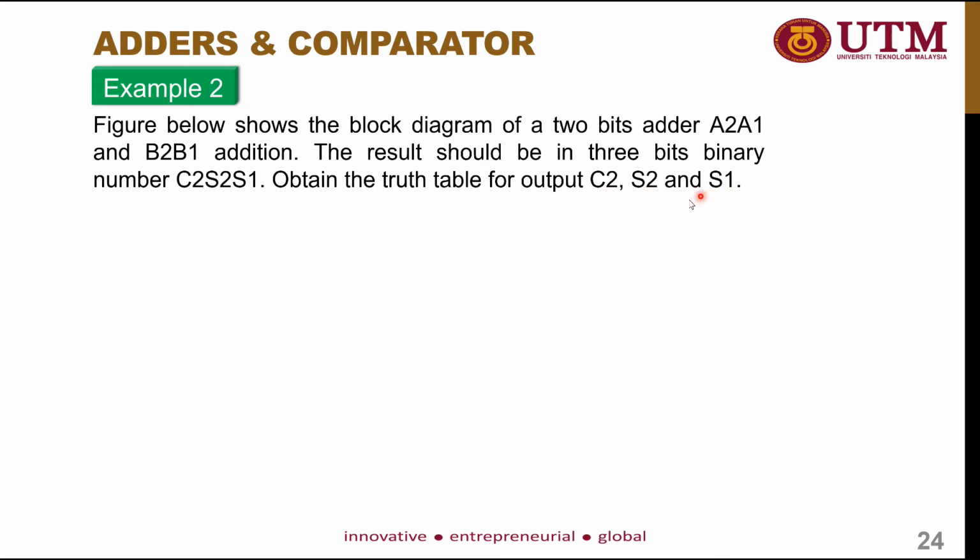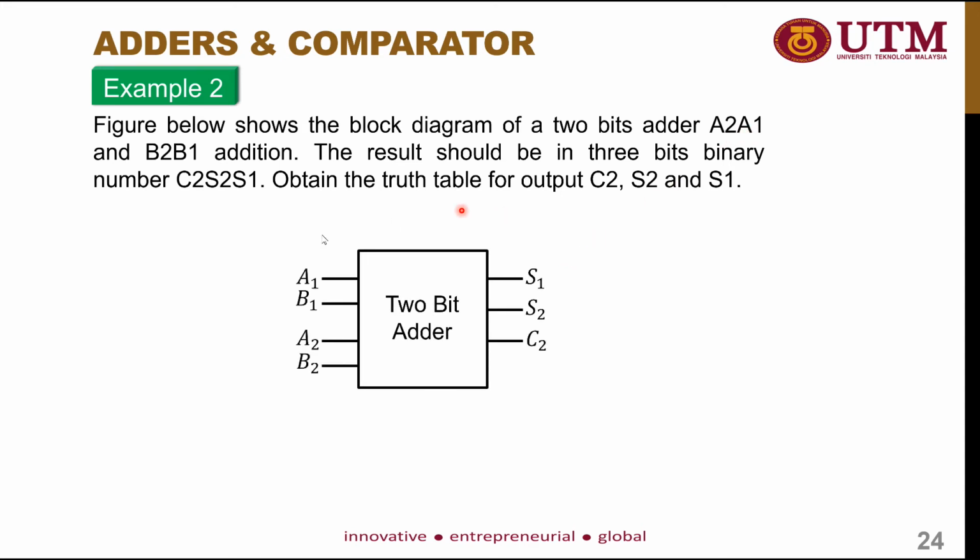So it means that you have a total of 3 different outputs. So in terms of inputs, you will have a total of 4 inputs, which are B2, B1 and also A2 and A1. So the figure given is a 2-bit adder because you need to compute the 2-bit adding operation.